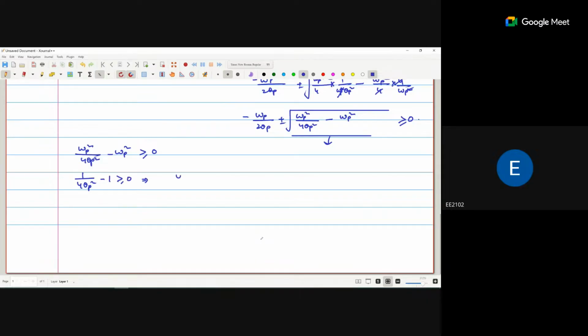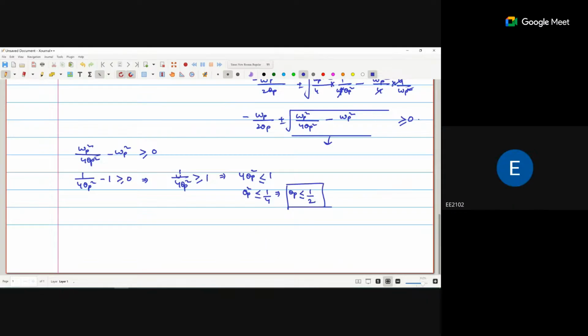That means 1 upon 4 qp square should be greater than or equal to 1, or 4 qp square should be less than or equal to 1. qp square should be less than or equal to 1 by 4. That means qp should be less than or equal to 1 by 2. Okay, so I am also getting this.